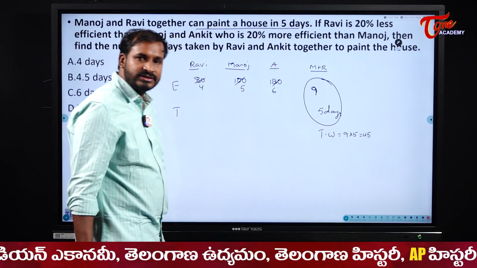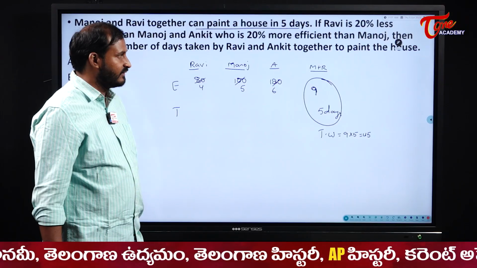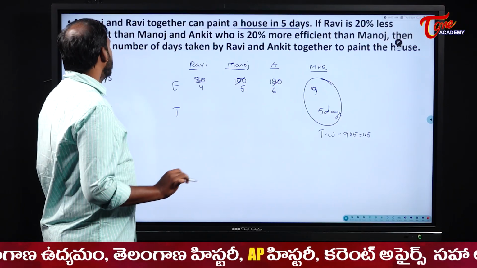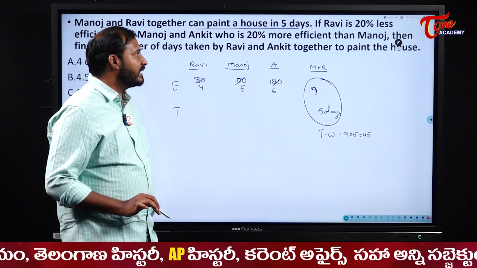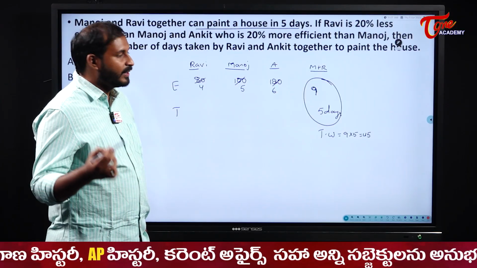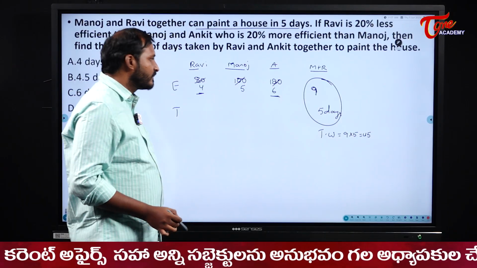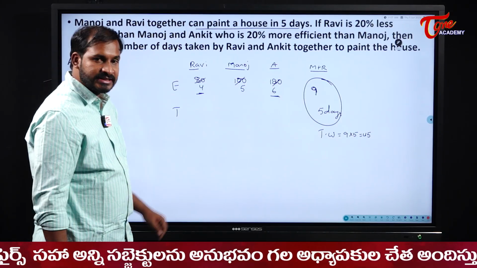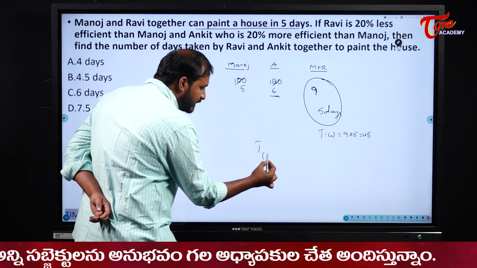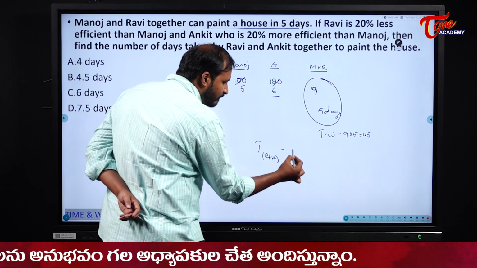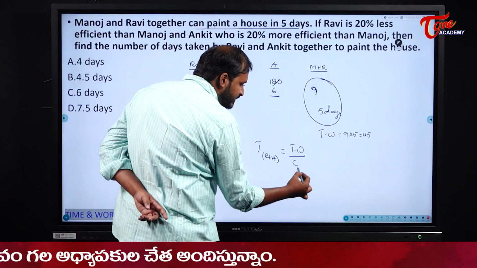Good. Now find the number of days taken by Ravi and Ankit together to paint the house. What is the combined efficiency of Ravi and Ankit, students? 10, right? 4 plus 6 is 10. So, time taken by Ravi and Ankit will become total work by the efficiency of Ravi plus Ankit.